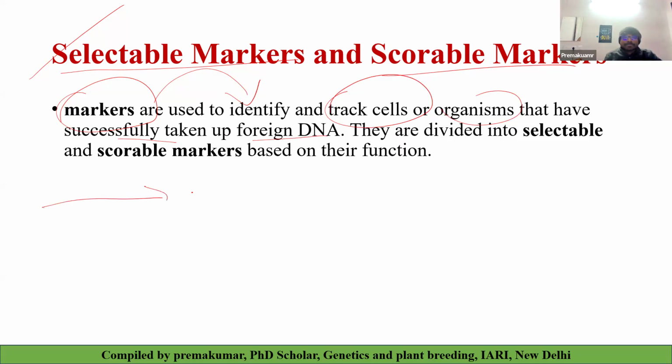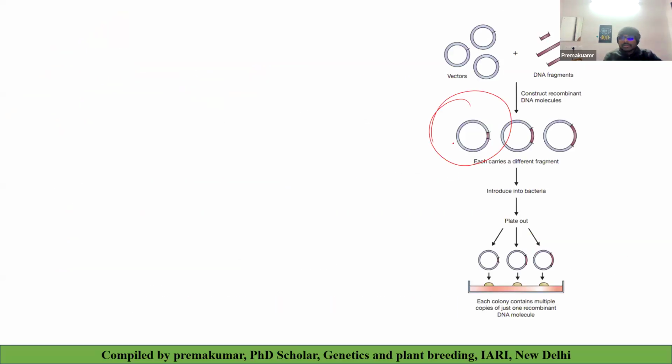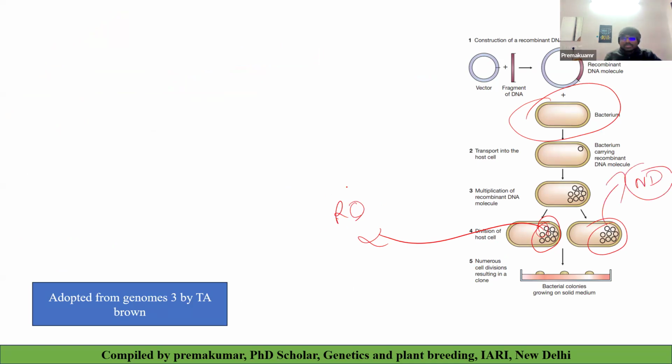For example, you added this recombinant DNA into the host. Among all the cloning, which colony has recombinant DNA and which has non-recombinant DNA? That we need to decide.